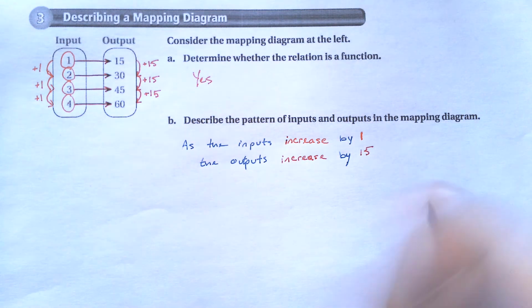All right, so there's my statement describing the pattern of inputs and outputs in the mapping diagram.